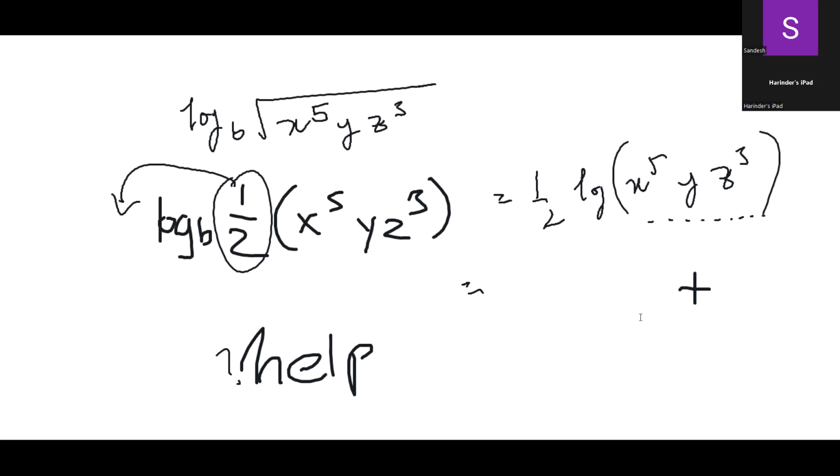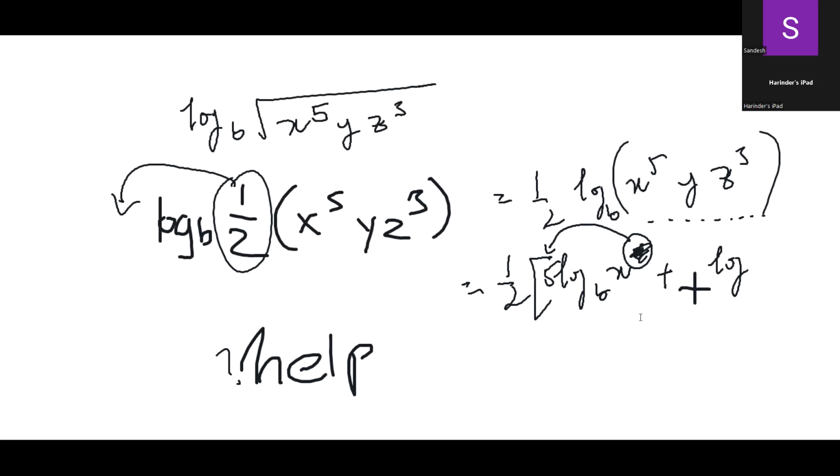Yeah, so you get 1 over 2 bracket open log x5, but then this 5 you can bring here as well, so it becomes 5 log x plus log base b of y plus log base b of z cubed, but you can bring the cubed here in the front, becomes a 3, and that's it. That's the final answer. Good.